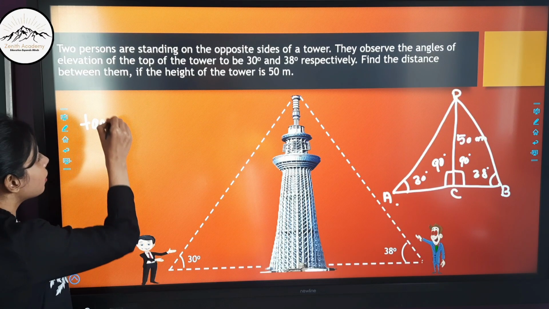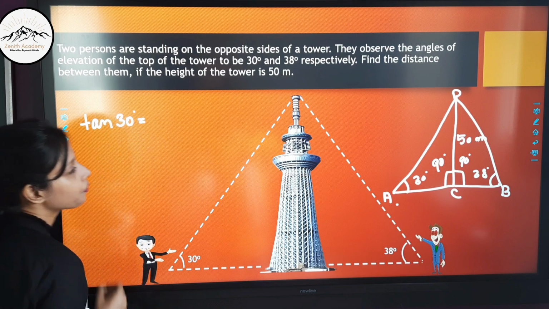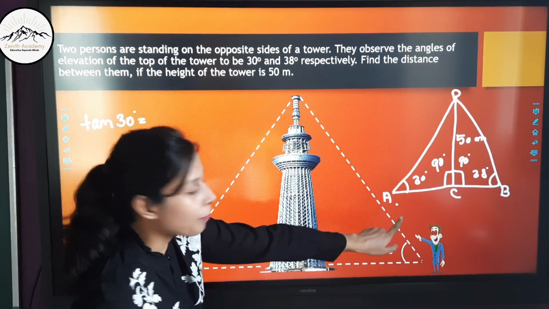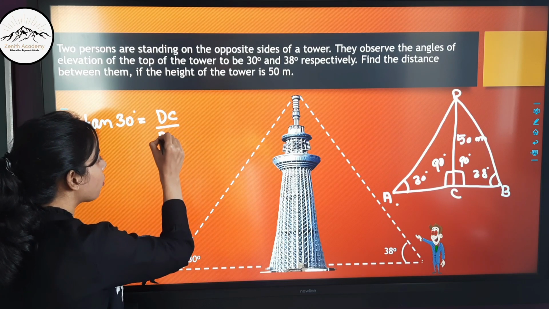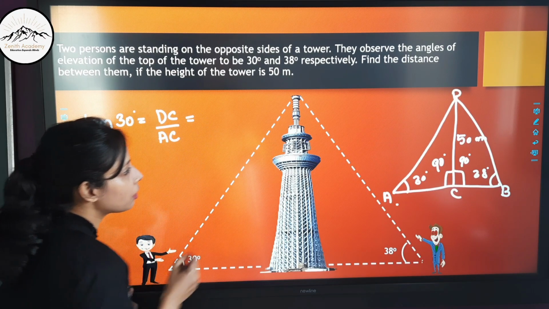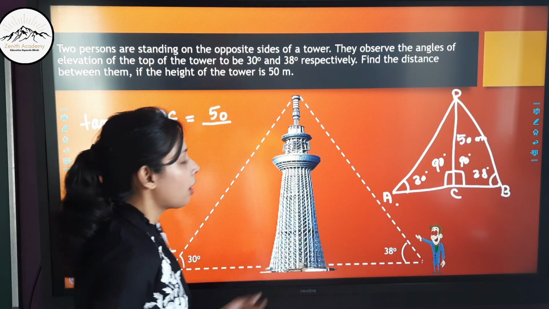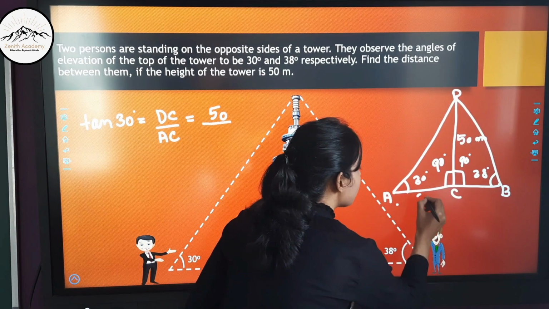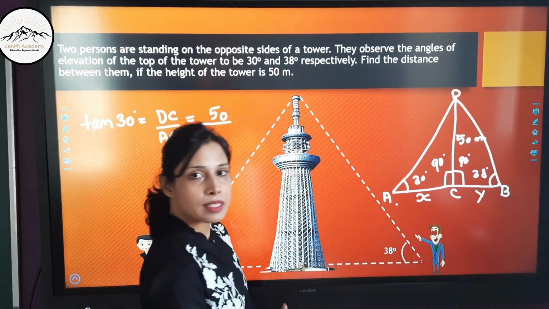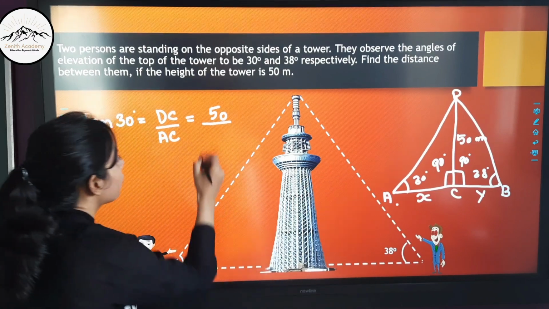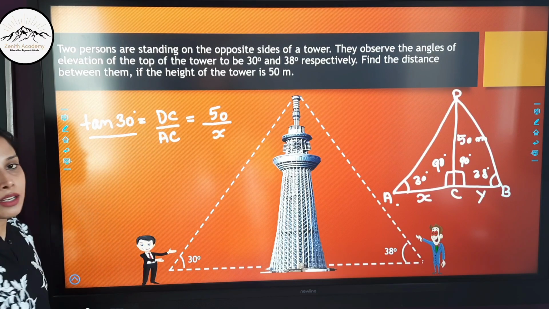So tan 30 degrees will be equal to DC upon AC, perpendicular upon base, which is equal to, if this is 50 upon, now say, let's mark this as X and CB or BC as Y. So for AC I can write X. Now what is tan 30 degrees?